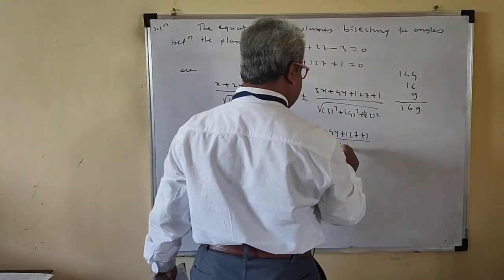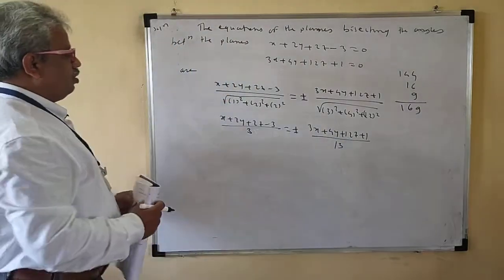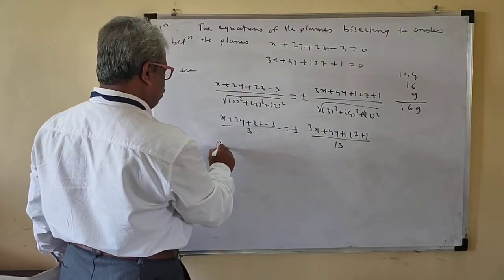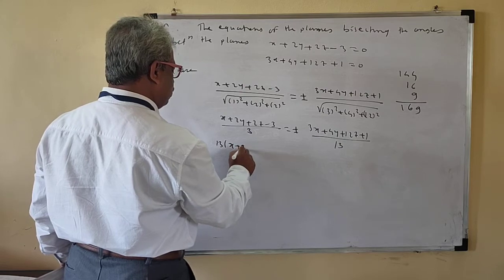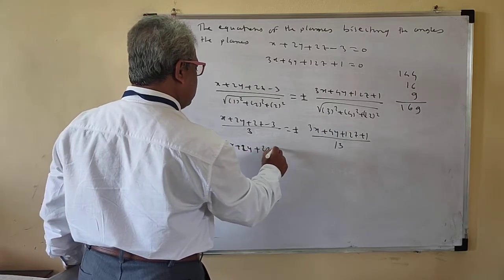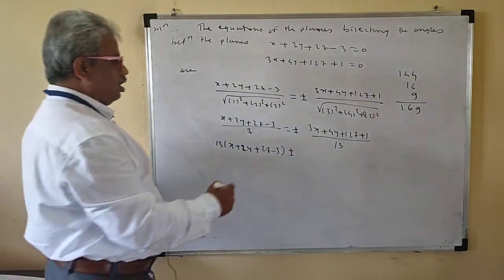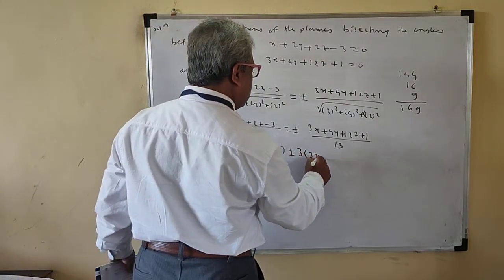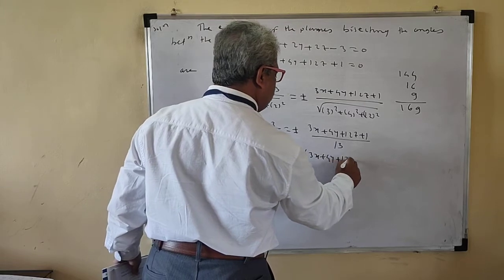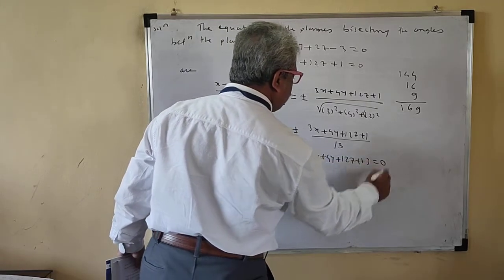So 169 is 13. So you have to multiply by 3 here. So 13 into x plus twice y plus twice z minus 3, you can write plus or minus 3 into 3x plus 4y plus 12z plus 1 is equal to 0.